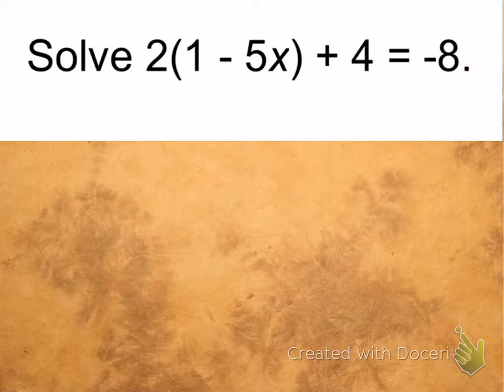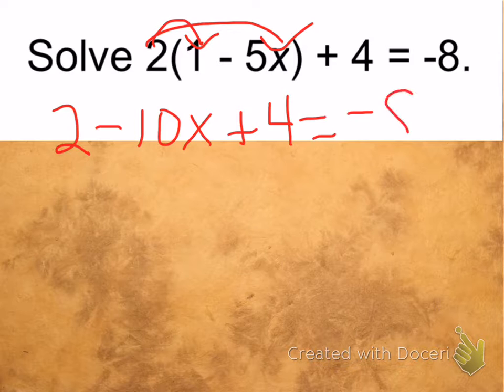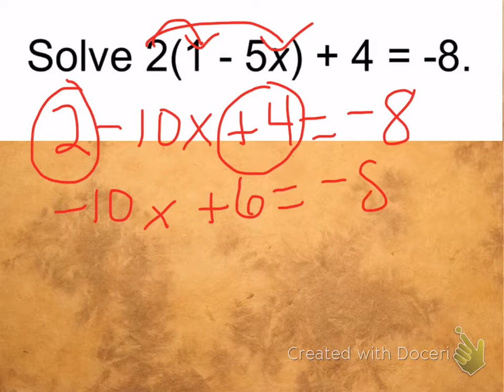In this example, we need to distribute. So I want to distribute the 2. So 2 times 1 is 2, minus 2 times 5x is 10x. I'm going to rewrite the rest of the problem. Now I'm going to combine my constants, my whole numbers. So 2 plus 4. So I have negative 10x plus 6 equals negative 8.